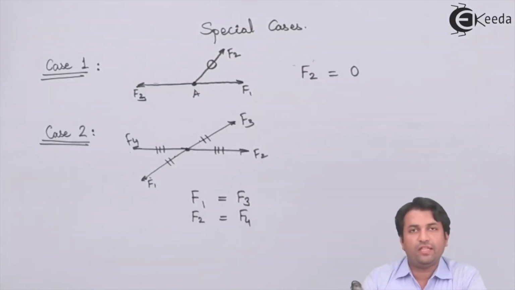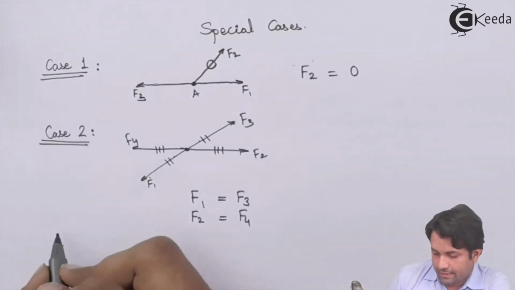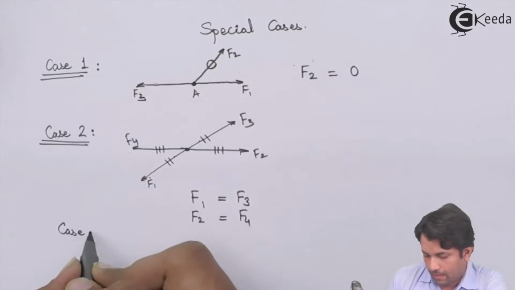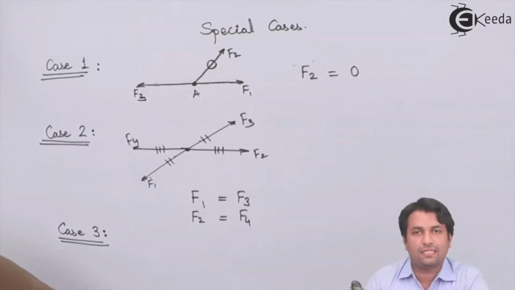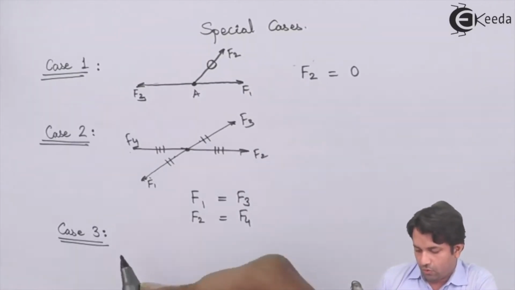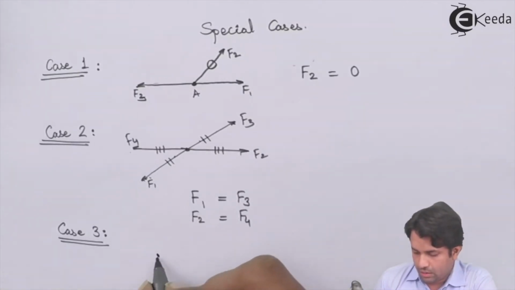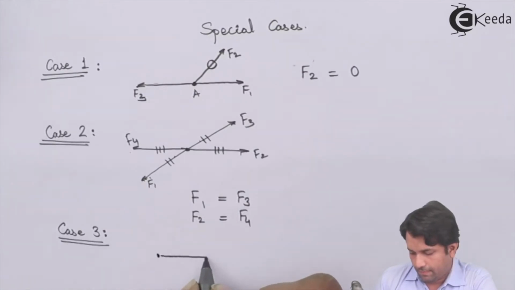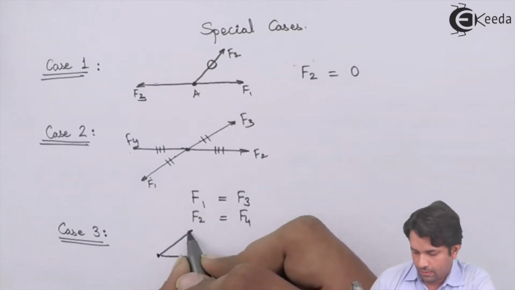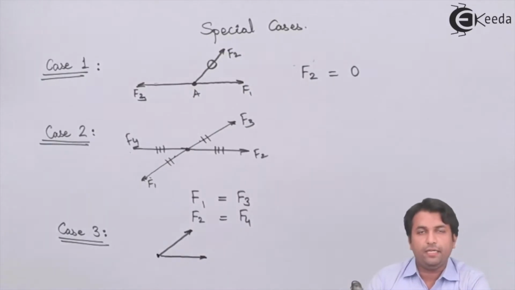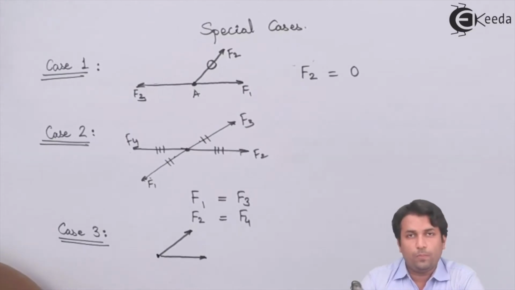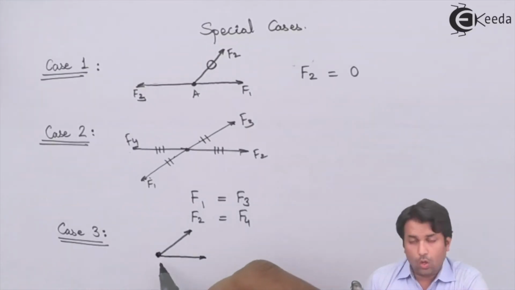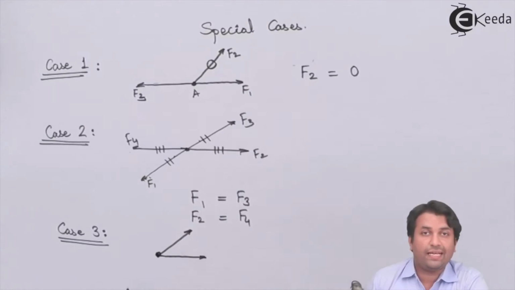Okay, so we are done with two cases. Now we will see what is the third case, that is case 3. Now what happens in case 3? If I have a force member like this on a joint which is freely hanging, there is no support on this joint, or there are no external forces acting on this joint.